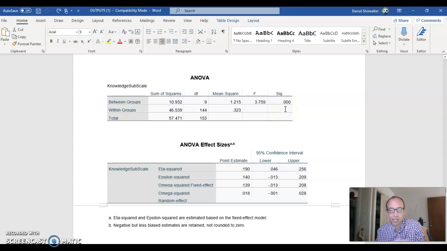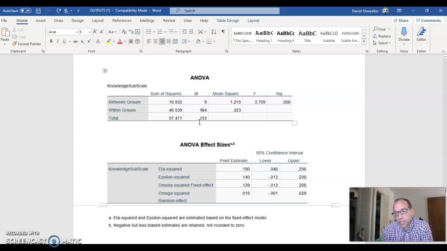Whatever that number is, you would put p less than 0.001 for the overall ANOVA. And I believe you probably want to report these two numbers. Maybe look in the literature at how ANOVA results are reported and follow that practice.